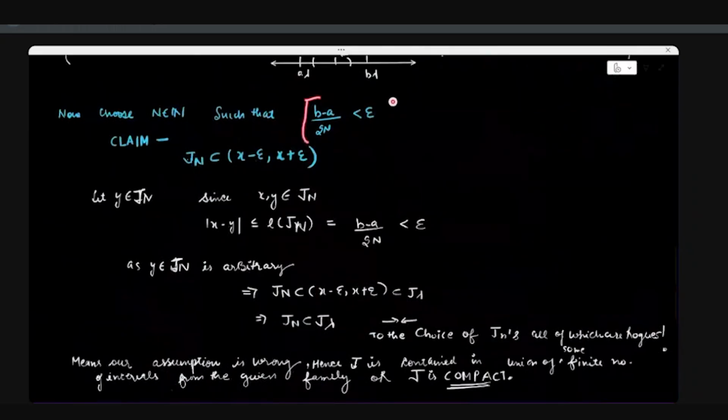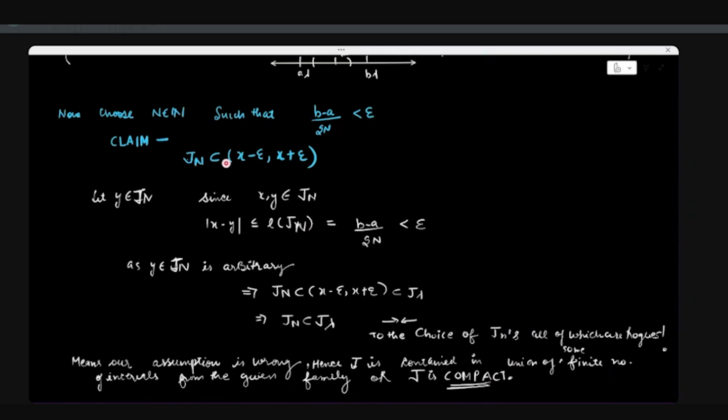If you are writing a proof, you can leave this choice and begin with the next steps. You will find out that you can choose this n later on, but we are writing a formal proof, so that's why I have written it in the first way. So I have chosen n in naturals such that (b minus a) upon 2^n is less than epsilon.